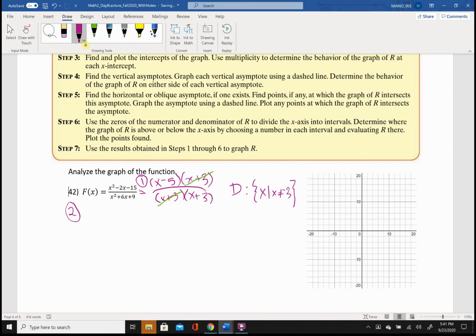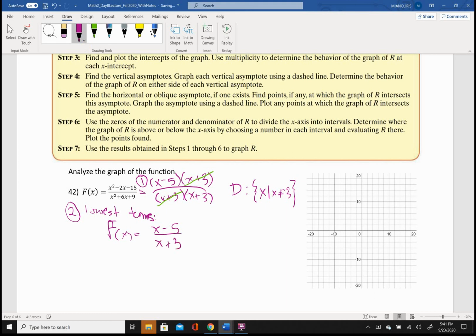So that means that lowest terms will look like what? F of x equaling x minus 5 in the numerator, x plus 3 in the denominator.